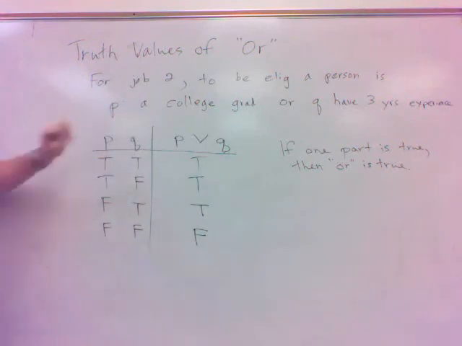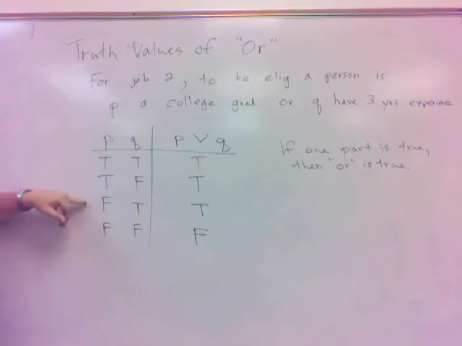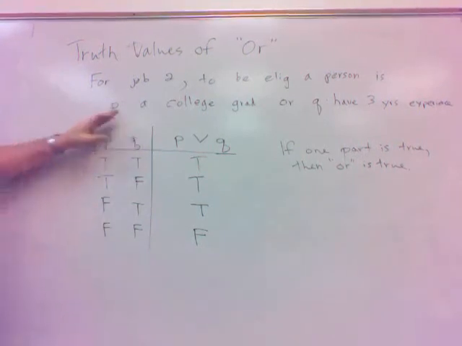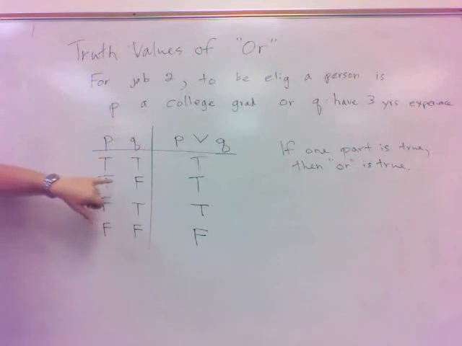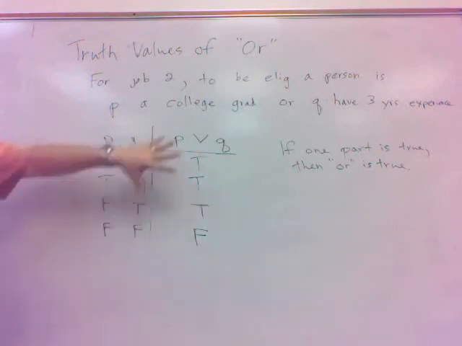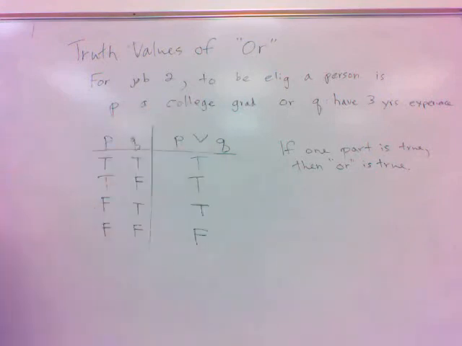If you have P and Q statements in a truth table, you're going to have these 4 lines. In other words, this part over here on a truth table, if it's P's and Q's, is always on this side looking like this: true, true, true, false, false, true, false, false. Now, this side will change up because of the statements being different. But yeah, that's what a truth table looks like.